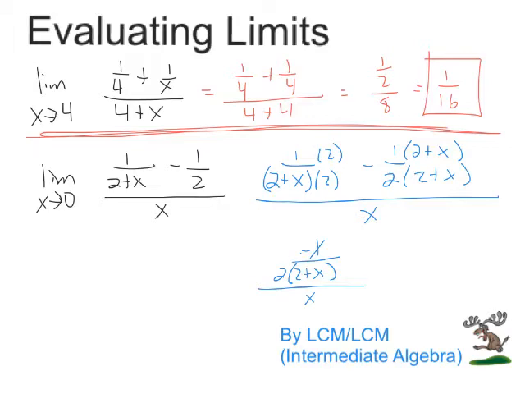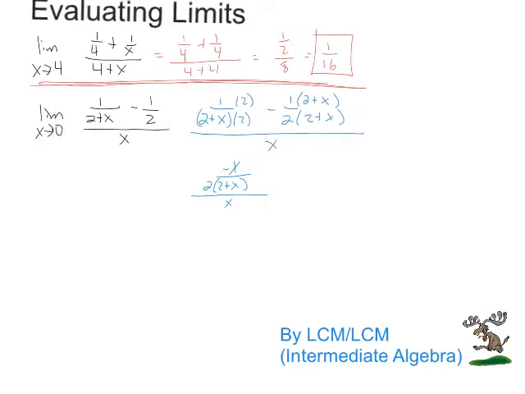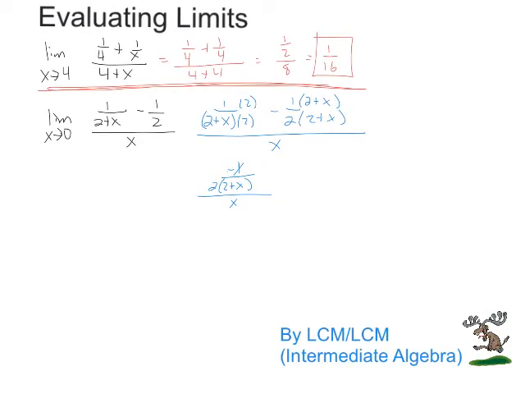And we know that when we are dividing a fraction by a fraction, we can write the numerator times the reciprocal of the denominator. And at this point, we see that we have some x's which cancel out. And now let's ask ourselves what we're doing. We're trying to find the limit as x goes to 0.